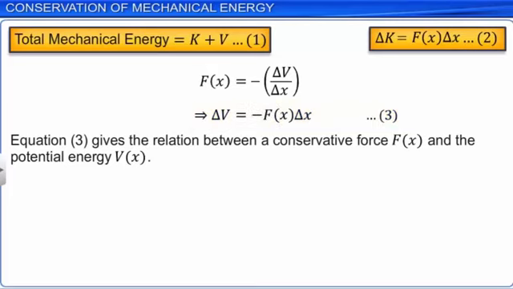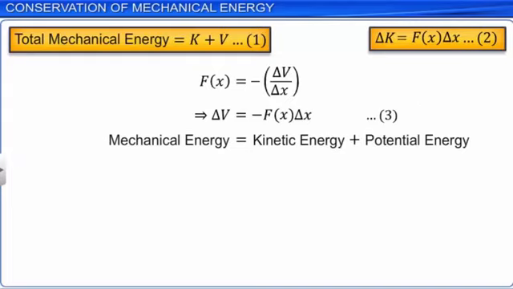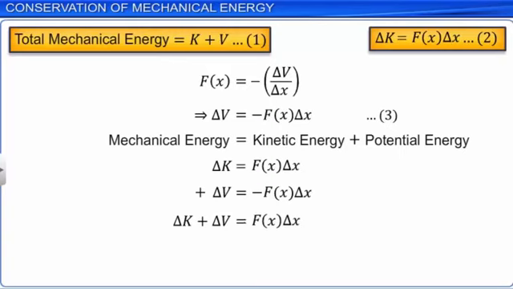We know that mechanical energy is the sum of kinetic energy and potential energy of a system. So, by adding equation 2, delta K = F(x) delta x, and equation 3, delta V = minus F(x) delta x, we get delta K plus delta V is equal to F(x) delta x minus F(x) delta x.